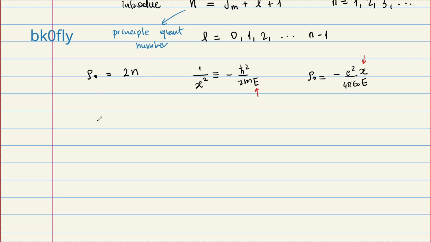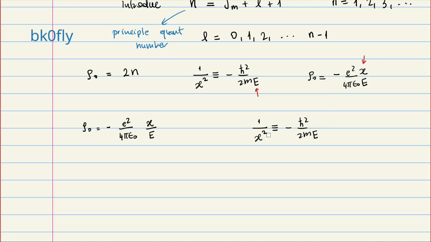So what I do here is, let's try rho 0 is minus e squared over 4 pi epsilon 0 kappa over E. From here you can see, let me use this equation.